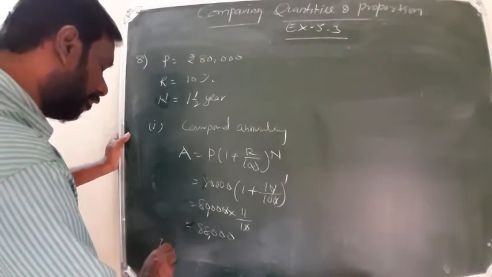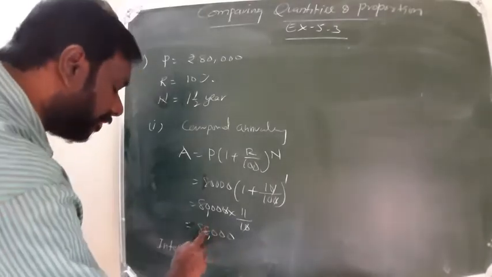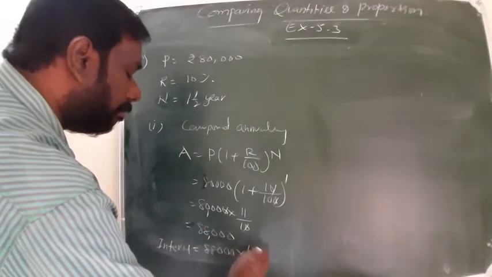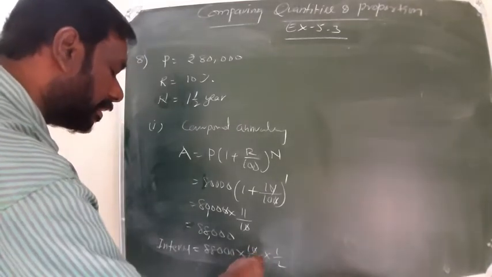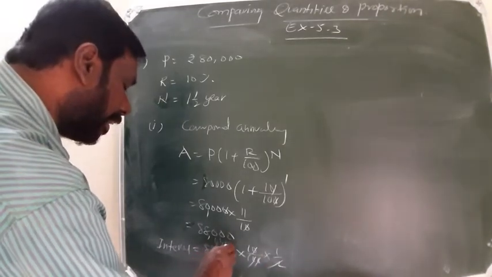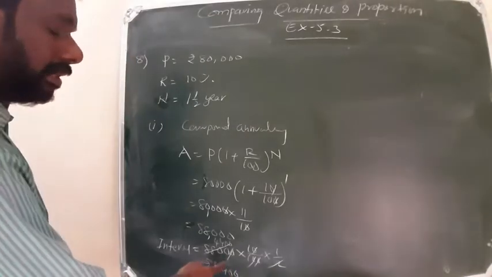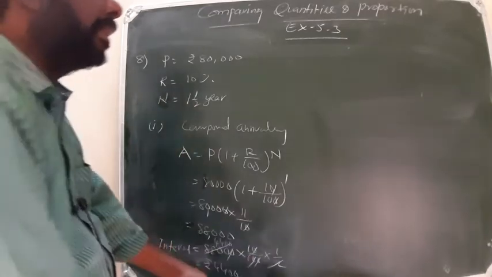So now the interest for half year. You can take interest for this principal: 88,000 into 10 by 100, half year 1 by 2. Zero cancel, zero cancel, 2 here. 4,400. So rupees 4,400 is the interest only for half year in compound interest.